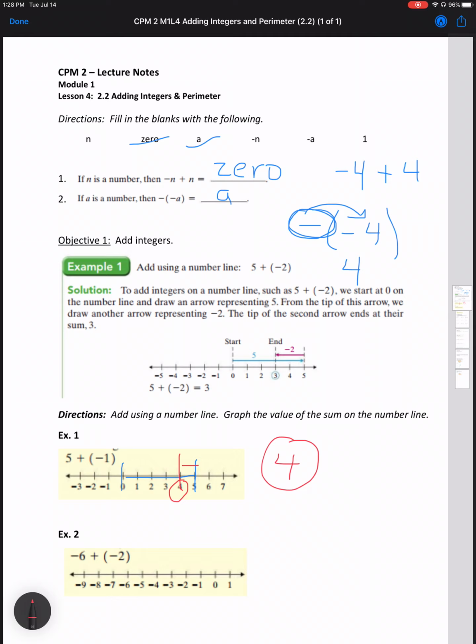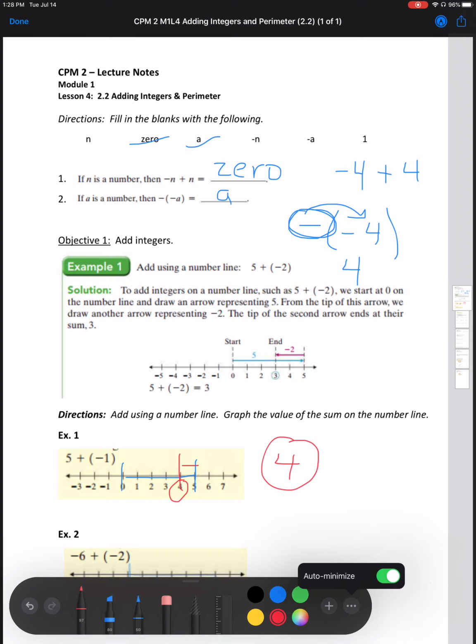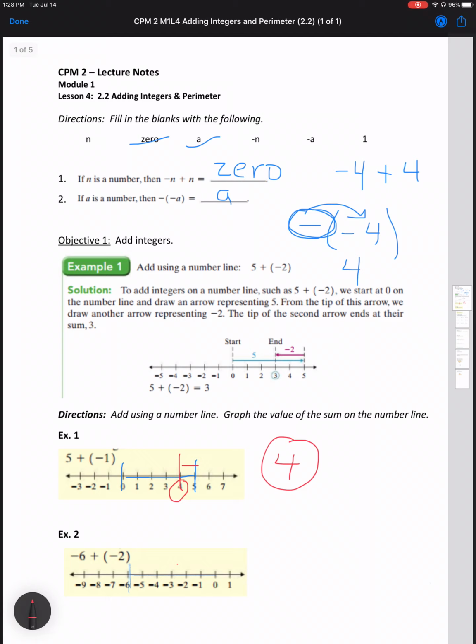Okay, and then if I add a negative 2, what that means is from negative 6, we're going to go back 2 more to the left. So here we're going to end up at negative 8. And again, this may be confusing for some, it may help for others, but just to give you that visual.